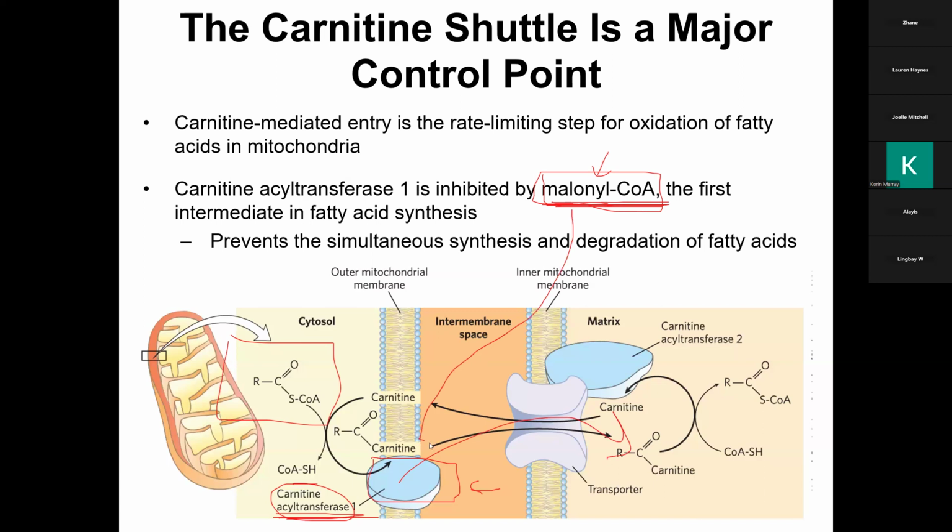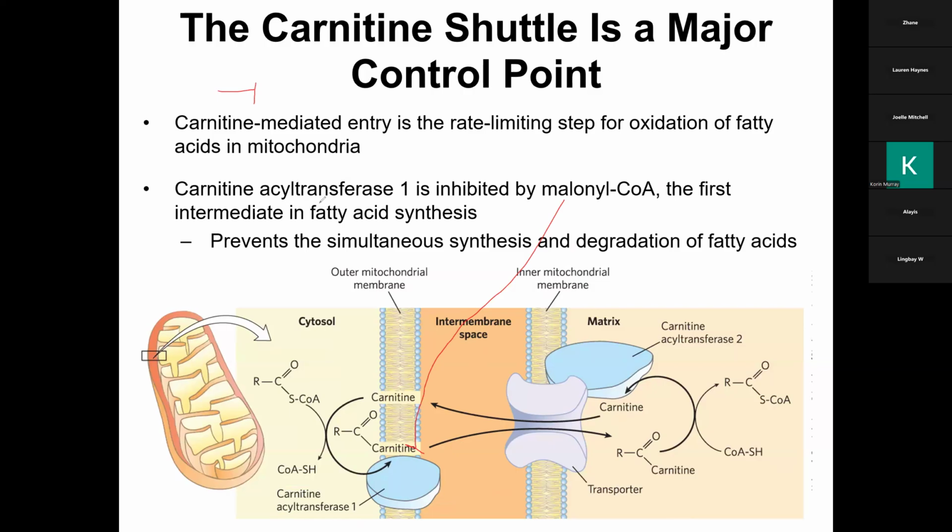It will act as an allosteric negative modulator and inhibit this enzyme. That little symbol there means inhibit enzyme. And so it will keep all the fatty acid CoA in the cytosol, so it can continue to be used to build bigger and longer fatty acids or membrane lipids and things like that.